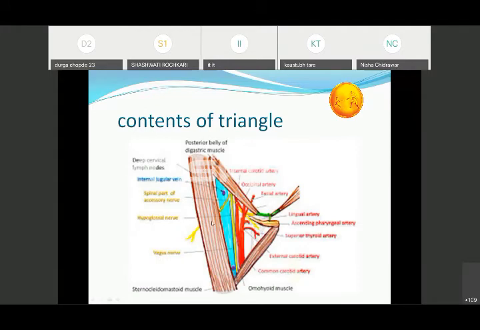So here you can see a colored diagram showing all the boundaries with its contents. Here you see the common carotid artery, its division, that is the external carotid artery, which is superficial. This is the internal carotid artery.